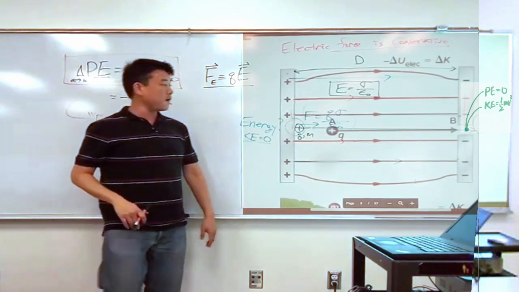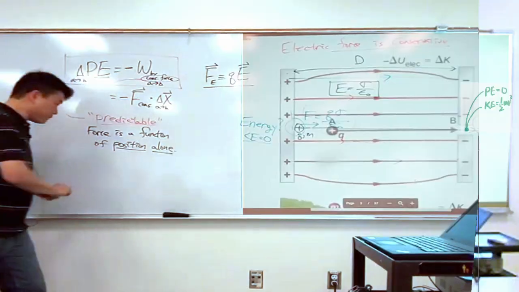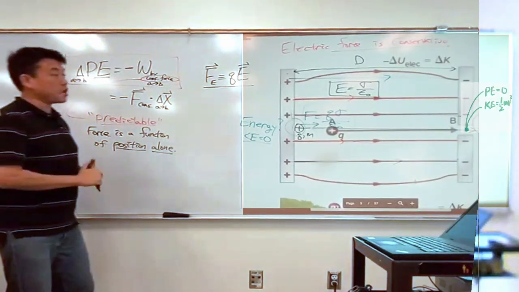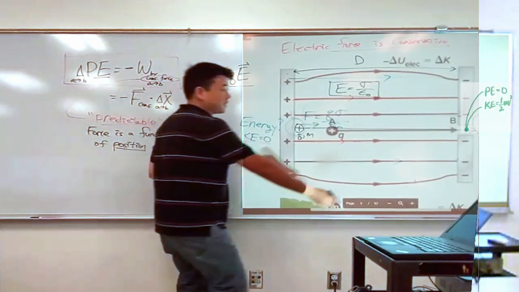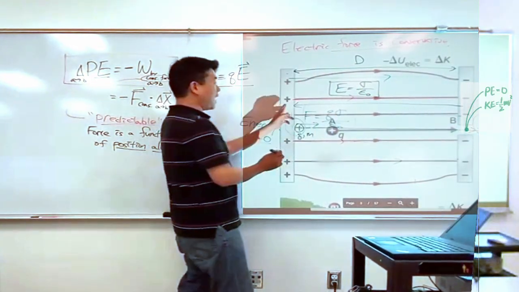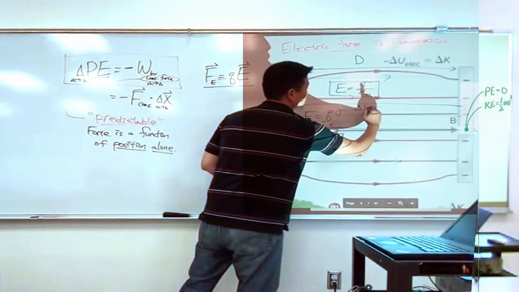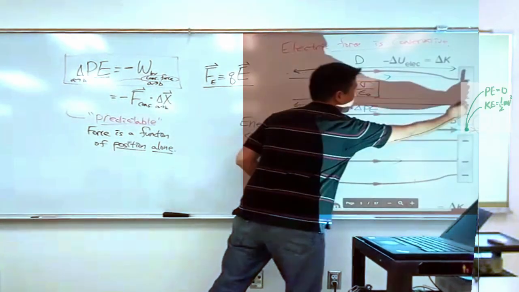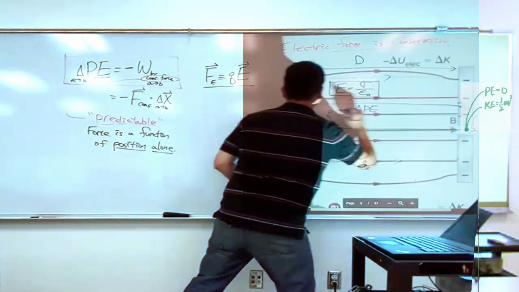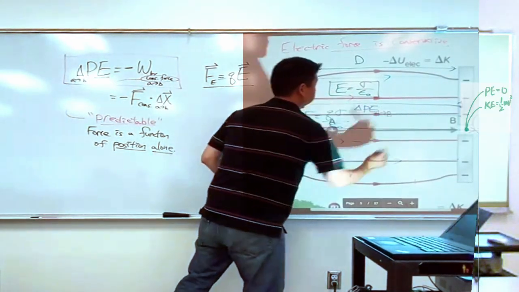So I'm going to say potential energy is 0 here. What I'm interested in right now is calculating the change in the potential energy as I move from this potential energy 0 to where hopefully I have non-zero potential energy. So along this path, what is the change in potential energy as I go from point A to B?